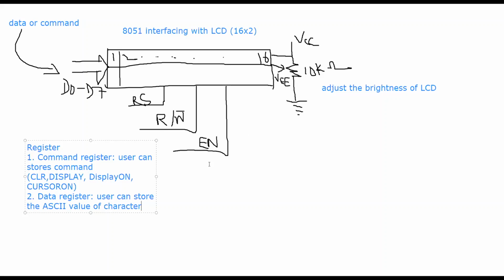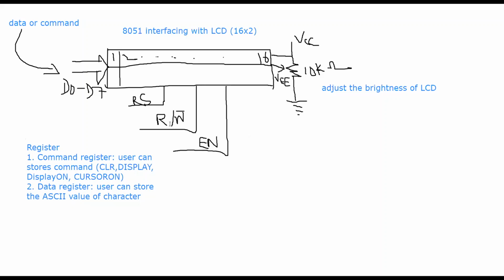Now, what are these RS, read write pins again? The first one is RS. RS stands for register select. If register select is 0, the register will act like a command register.